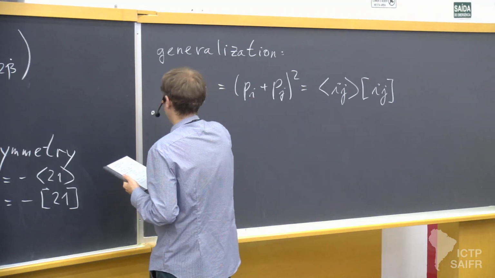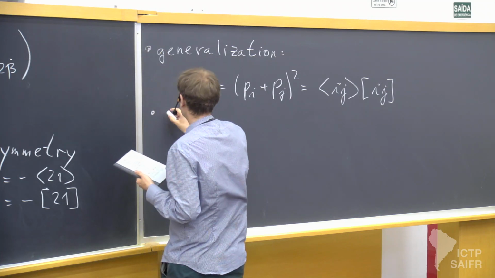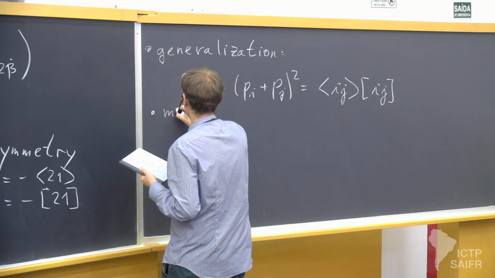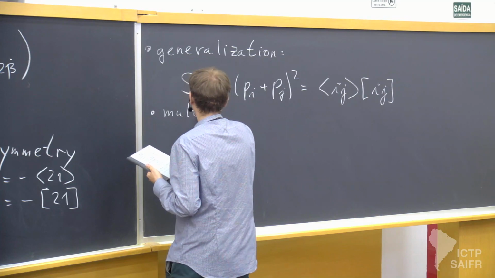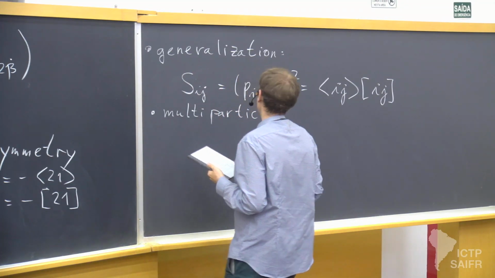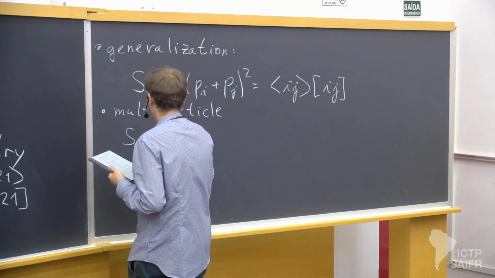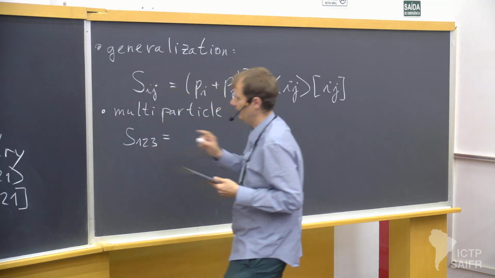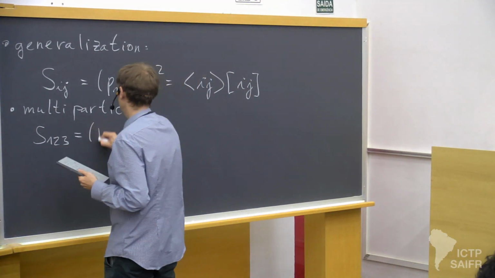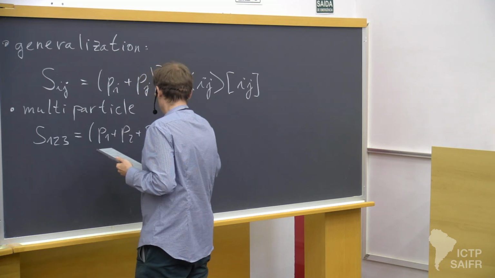And we can also here calculate multi-particle invariants. So for example, some standard notation, we can calculate S123, which just means P1 plus P2 plus P3 square.